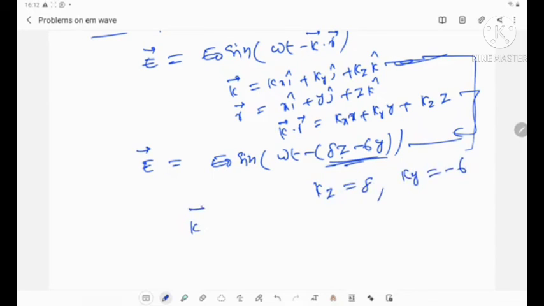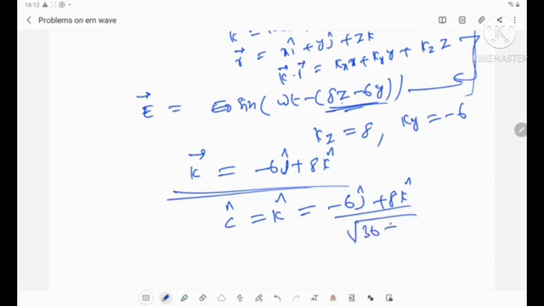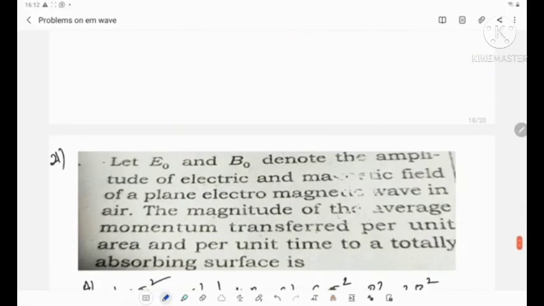From this k bar is equal to minus 6 j cap plus 8 k cap. This is k bar, but its propagation direction is k cap, that is equal to minus 6 j cap plus 8 k cap by square root of 36 plus 64. This becomes minus 6 j cap plus 8 k cap by 10. This is the wave propagation direction.